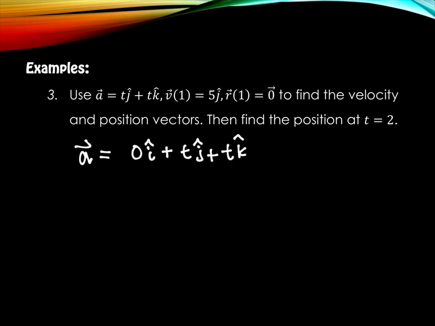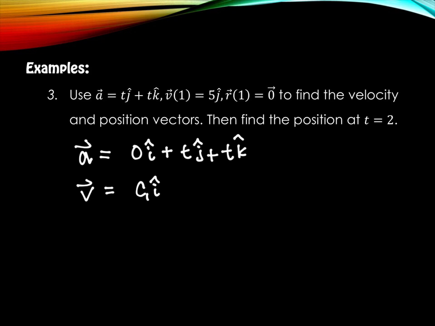All good? All right, so using that, going backwards, what would the velocity vector be? Close. Not ti. C1 i, some constant, some number. Think about going backwards. If you took the derivative of a number, you get 0.